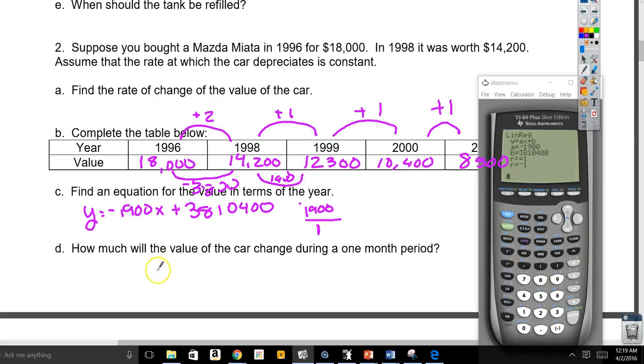So if it changes $1,900 in 1 year, so if we say 1 year is 12 months, then we can say 1900 divided by 12, and we get 158.33. So it decreases $158.33 every month.